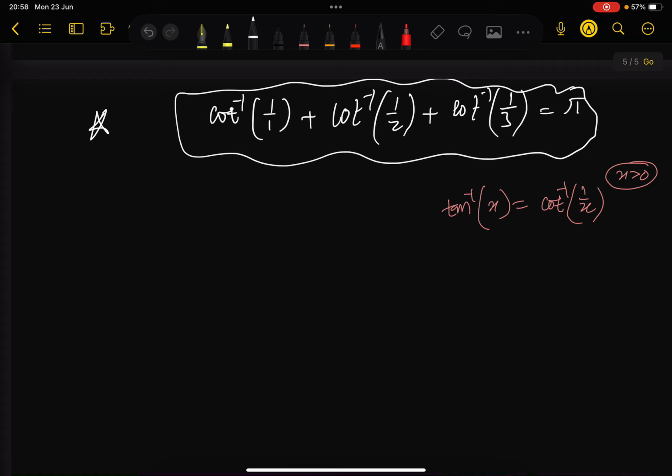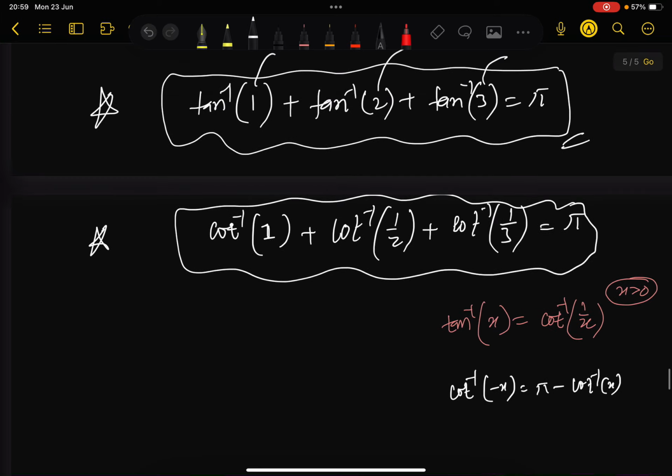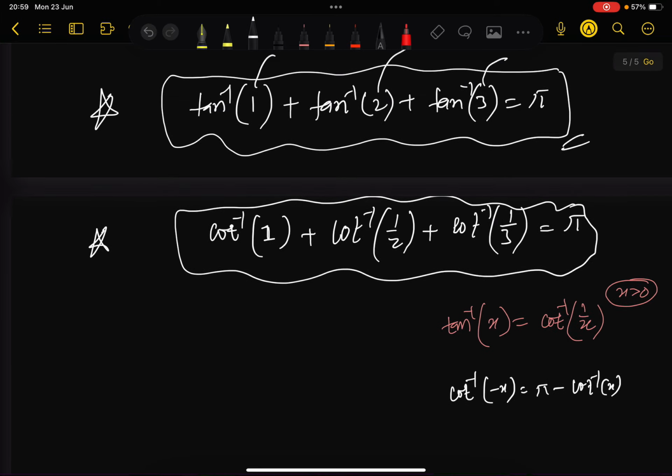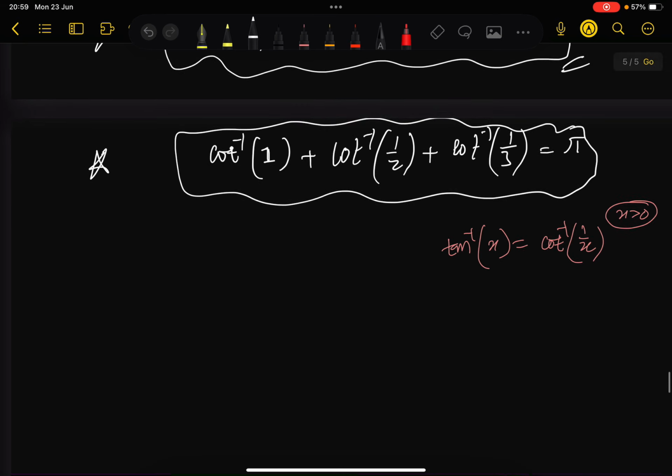Now if I write this same thing, this is 1 only. As you can see, we can also write cot inverse of minus x equals pi minus cot inverse x. But if you use this thing, it will be easier.